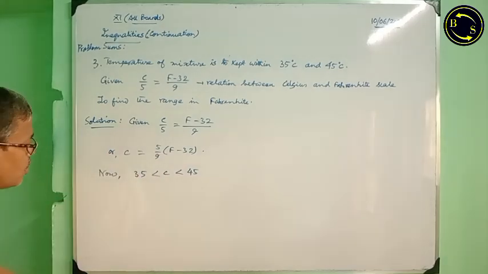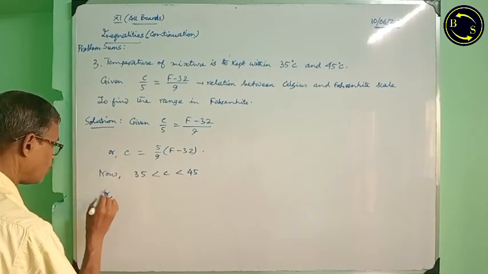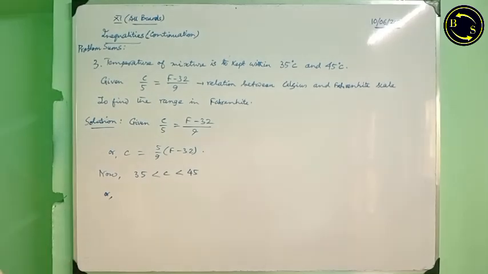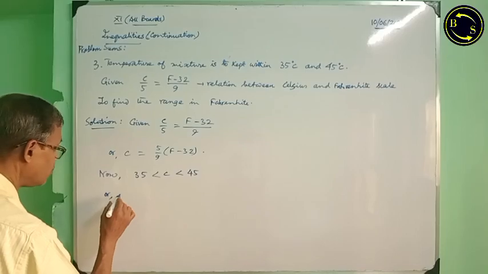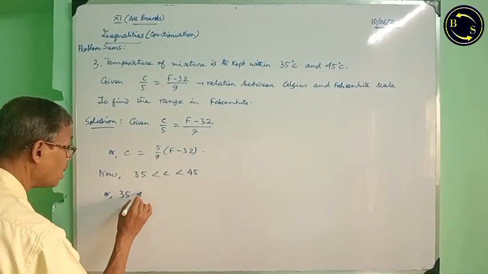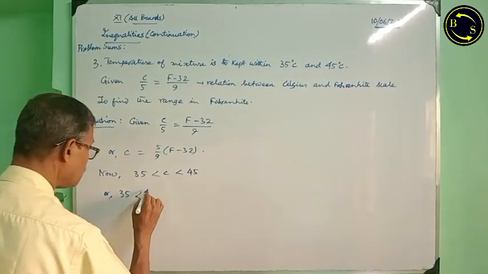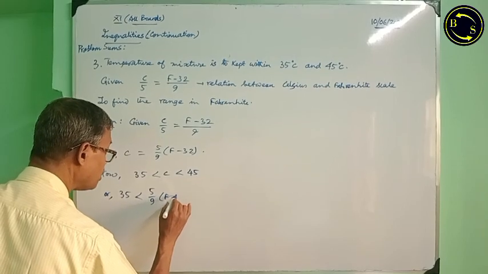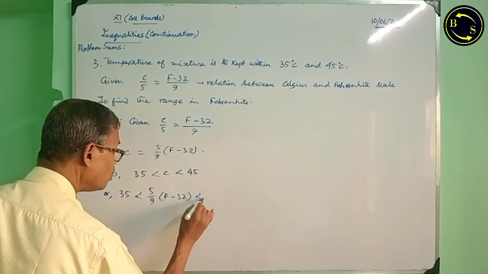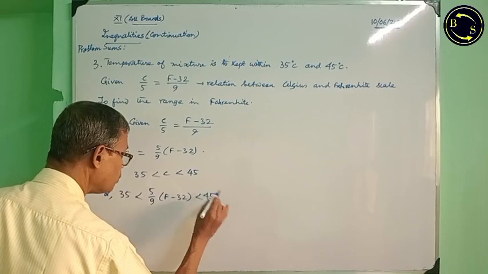Now I replace this one: 35 less than 5 by 9 into F minus 32 less than 45.